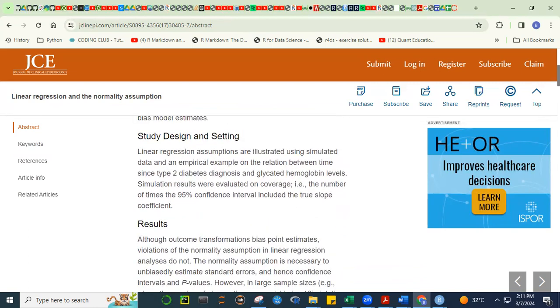Importante 'to sa medical research. Mga researches conducted in the medical or health sciences.